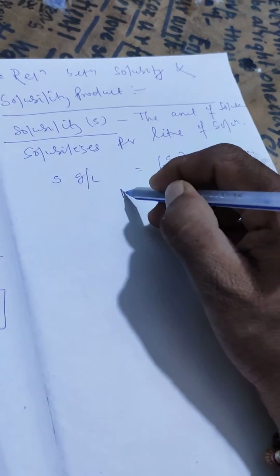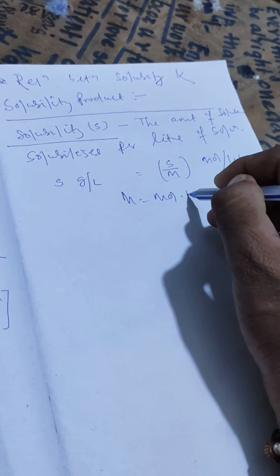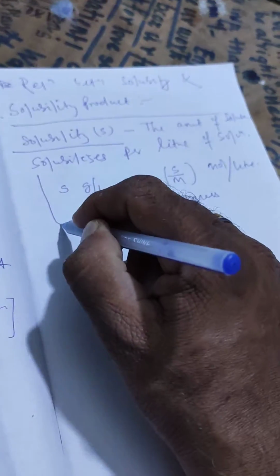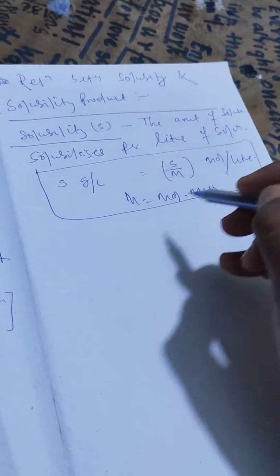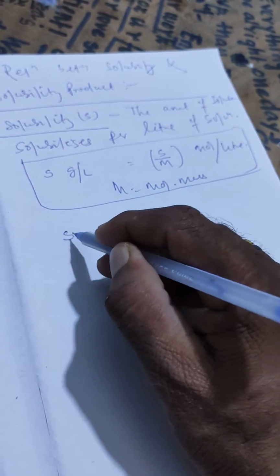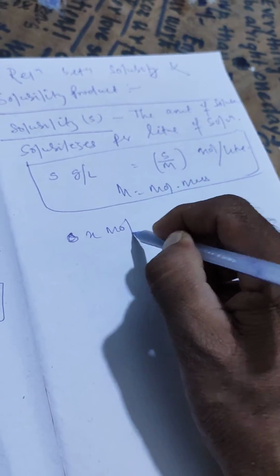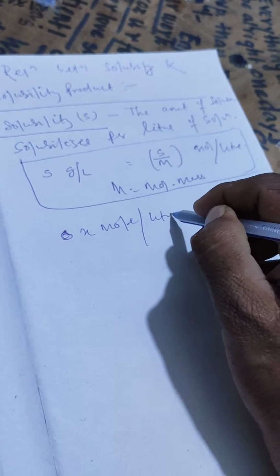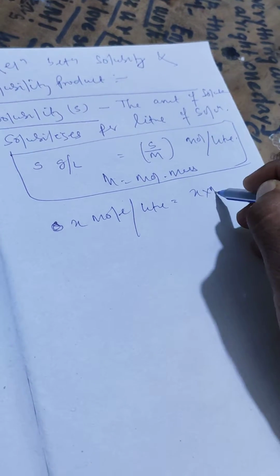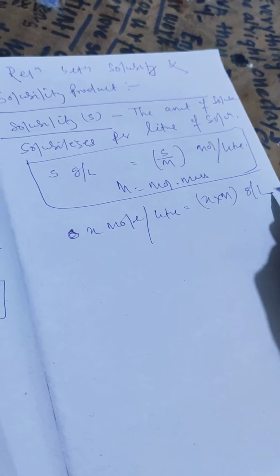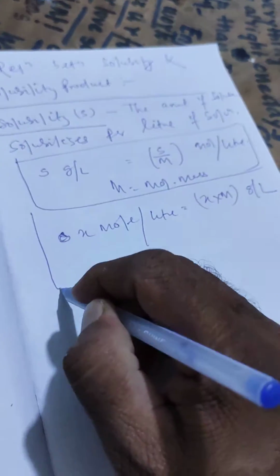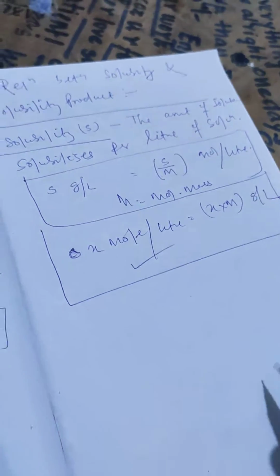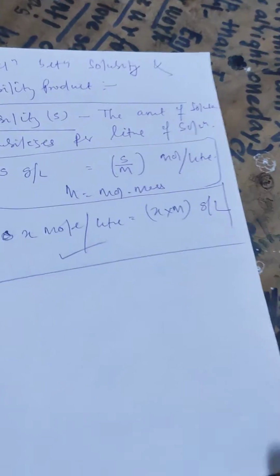M is the molecular mass, so by dividing by the molecular mass, gram per liter can be converted to moles per liter. Similarly, suppose it is X mole per liter, then X into M becomes gram per liter. Okay. But normally moles per liter is the more convenient way to represent the solubility. Clear?